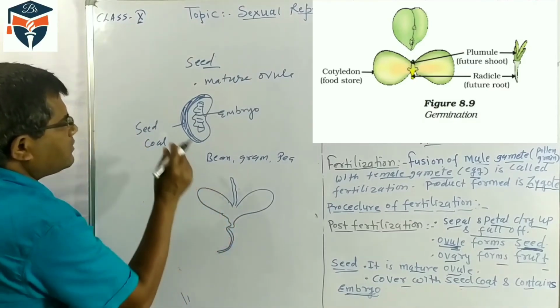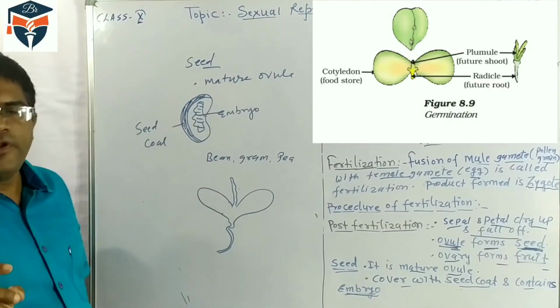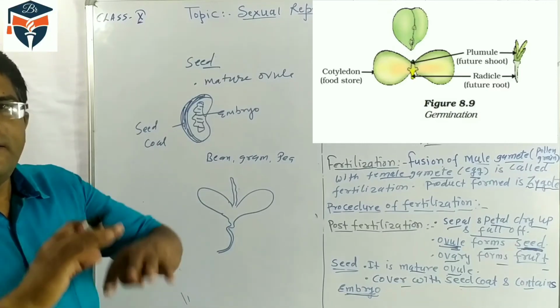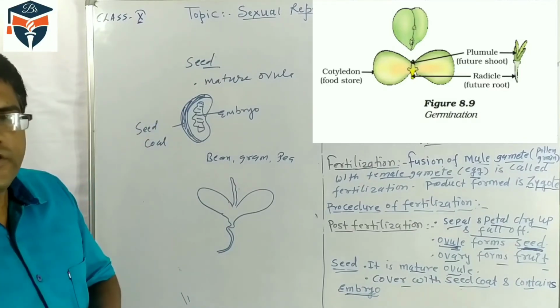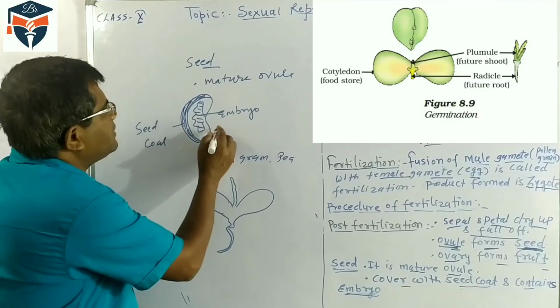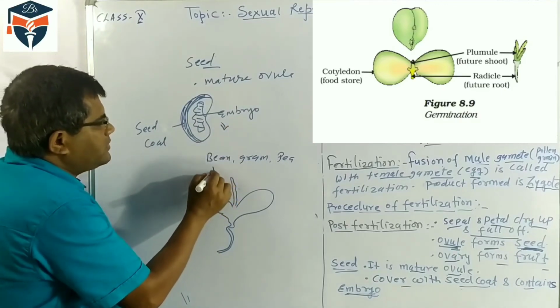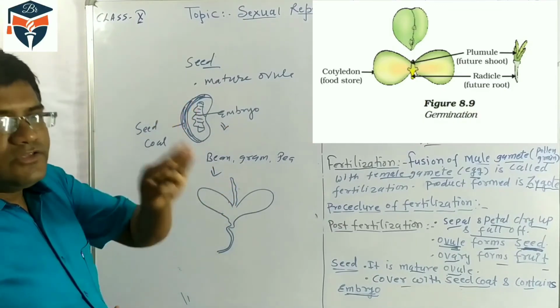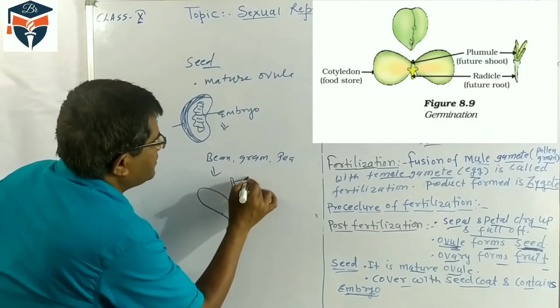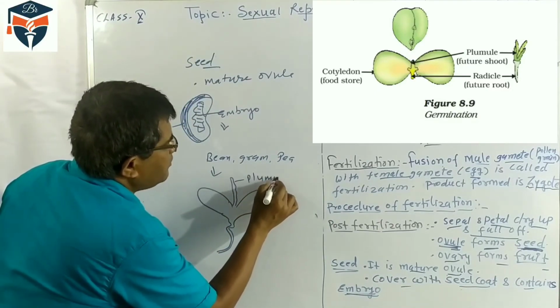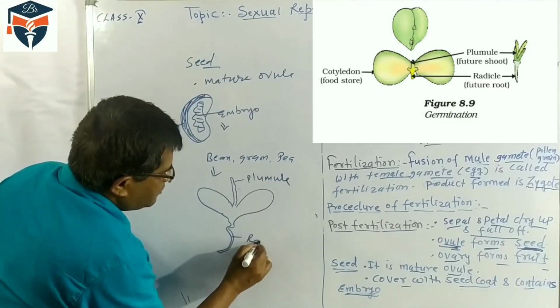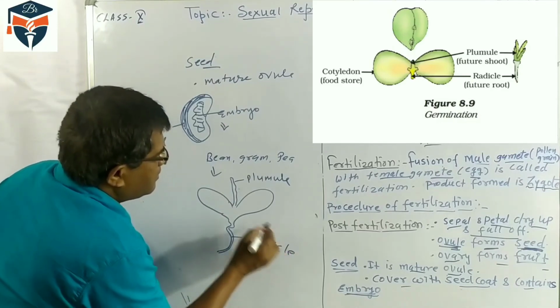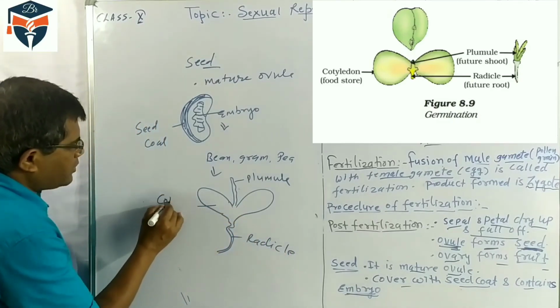When the seed gets appropriate conditions and germinates, that is called seed germination. There is an embryo inside each seed, and the embryo has three structures: one is called the plumule, another is the radicle, and this is the cotyledon.